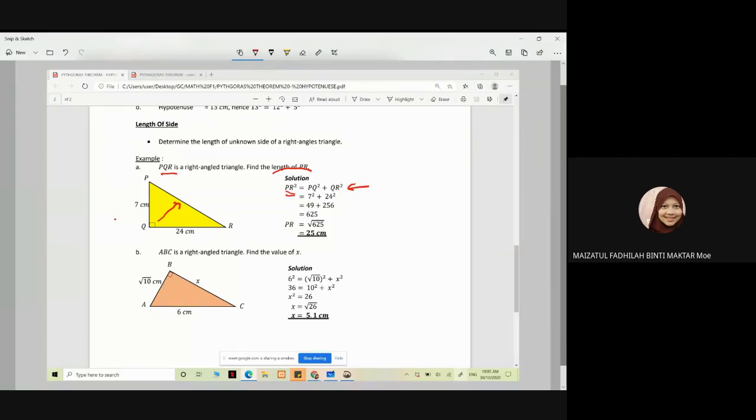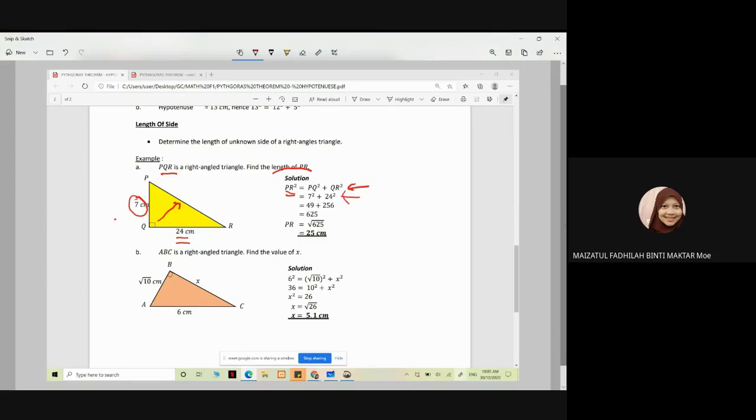So directly, PQ equals 7 cm, so 7 square plus QR square. QR is 24. Both are the same unit, so no need to change to other units. So 24 square.